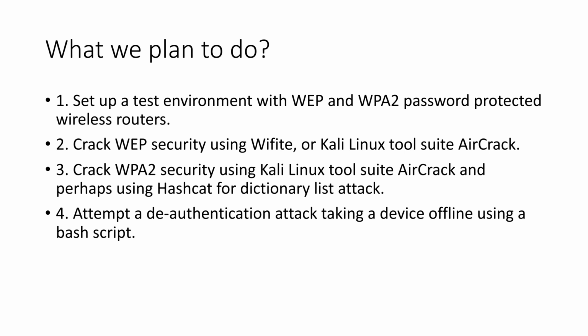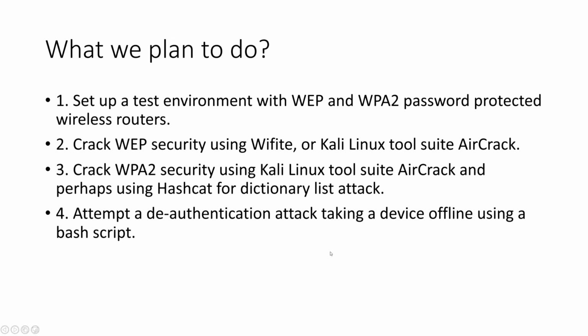And then using that information, we're going to put it into a password cracking tool in Kali Linux, such as Hashcat, to find out what our password is. And of course, once you have that password, you can plug it in and connect to the network as you normally would.